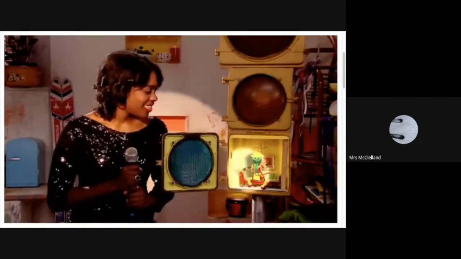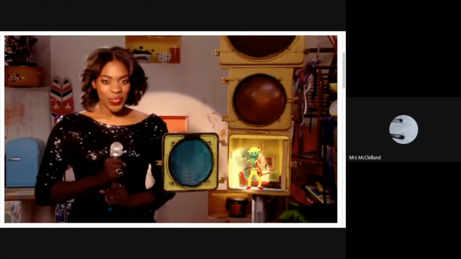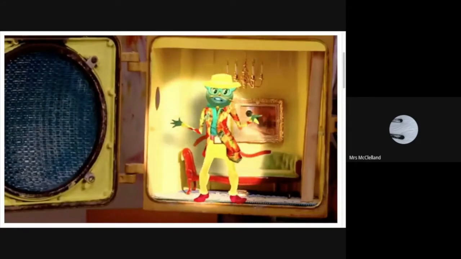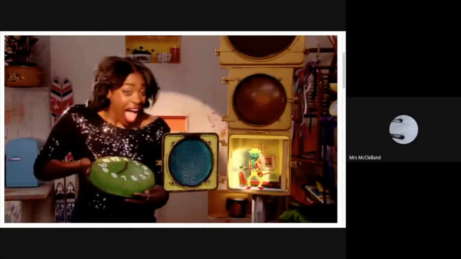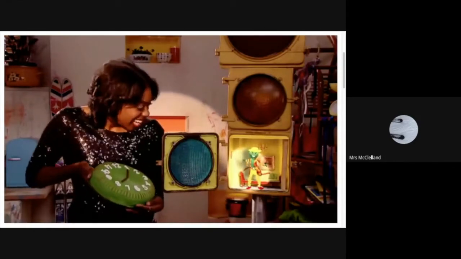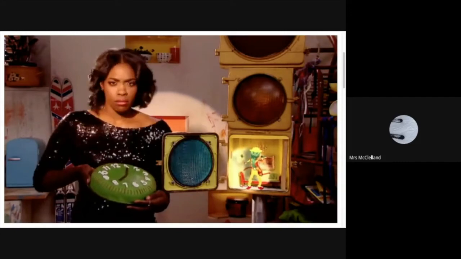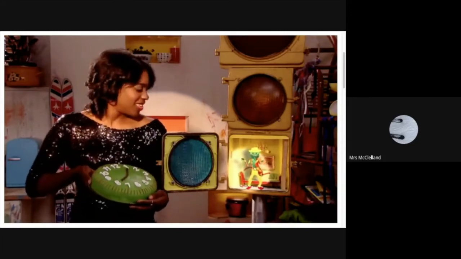And now, live from the workshop, Tempo and Sabrina perform their first ever single, Round the Clock. Oh, wait. I've got a surprise. Happy birthday! Happy birthday, Tempo! Join us after the break for their first UK performance.